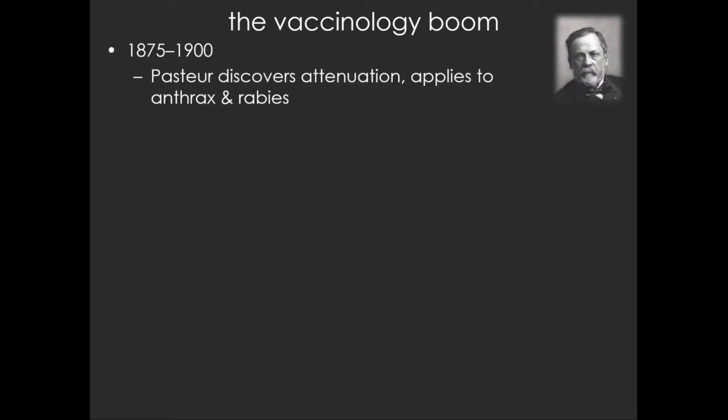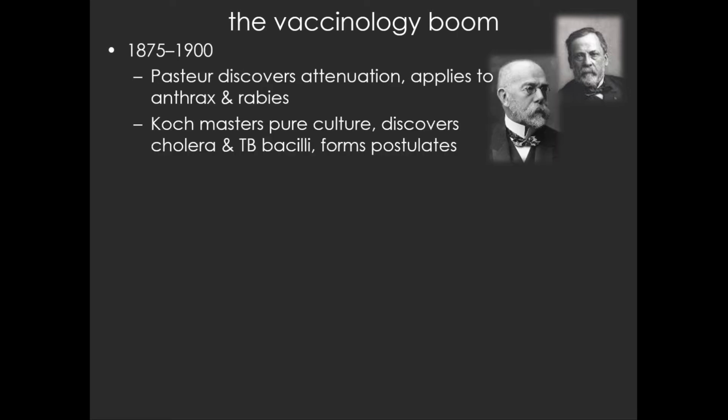So the vaccinology boom occurred from about 1875 to 1900, and it includes work by Louis Pasteur discovering that ability to create attenuated bacteria, which he took from avian cholera and then applied to anthrax and rabies. It included some work by Robert Koch, who mastered pure culture technique and discovered the cholera and tuberculosis bacilli and formed his postulates, which you'll remember from chapter 14.